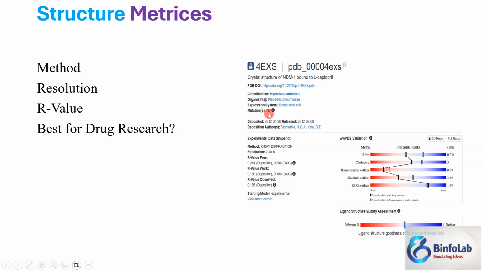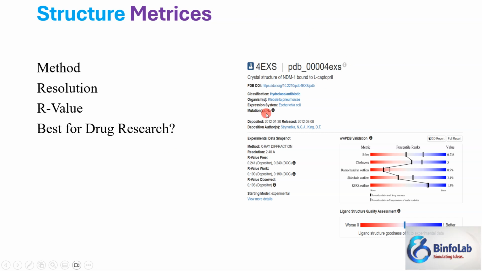If you are interested in a raw structure or a wild type structure, but by mistake you download a structure with a mutation and you come to know later on, then it will be a difficult time for you to repeat all those experiments again and again.